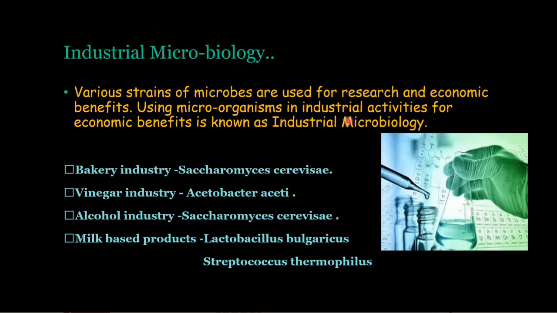Using microorganisms in industrial activities for economic benefits is known as industrial microbiology. This is the correct definition for industrial microbiology. For example, you can see here the industry, and on the other side you can see the microorganism used in this industry.